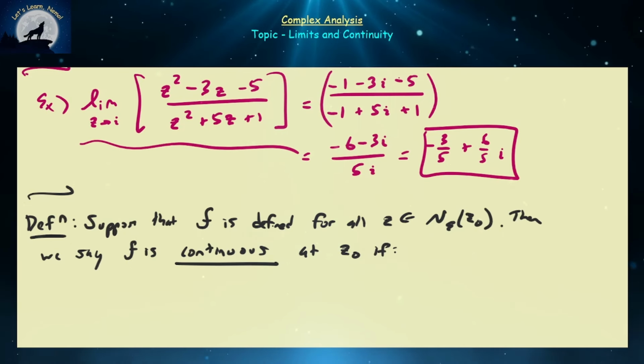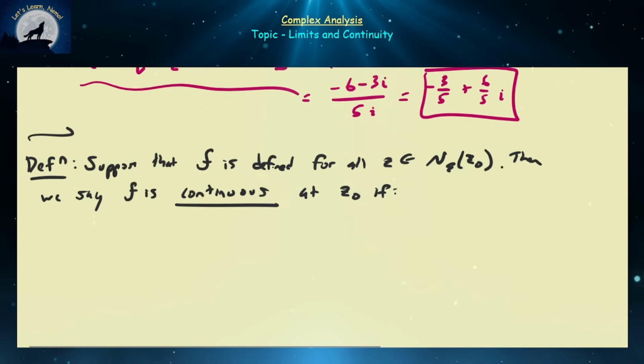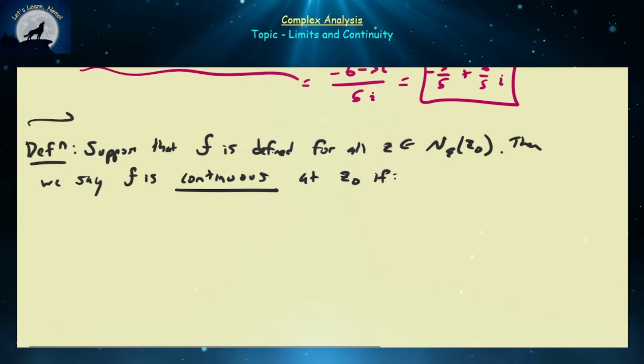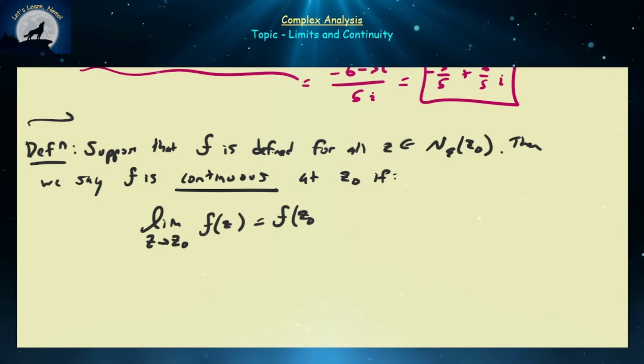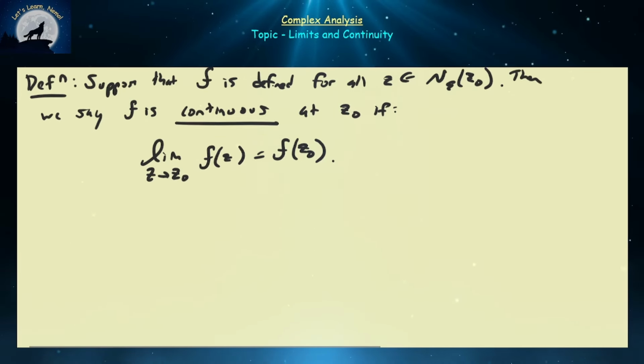There's a delta-epsilon definition of this, but you get this definition almost as a corollary, so I'll just take it as the definition: the limit as z approaches z0 of f of z is equal to the function evaluated at z0. Right? So if the limit equals the function value, then we say it is continuous there.